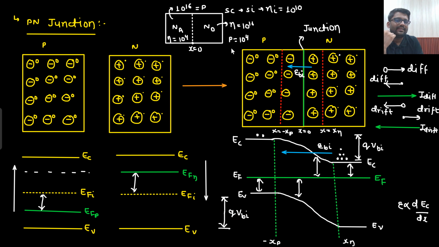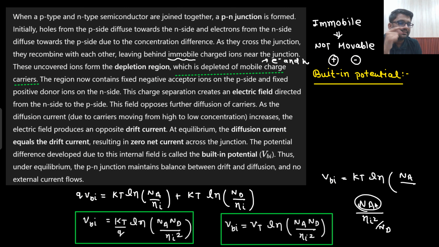Ni square by Nd is nothing but the hole concentration in N side. And Na is the hole concentration on P side. This is your hole concentration in P side, and this is your hole concentration in N side. Do you agree to this point?